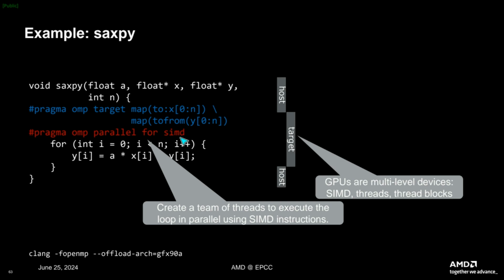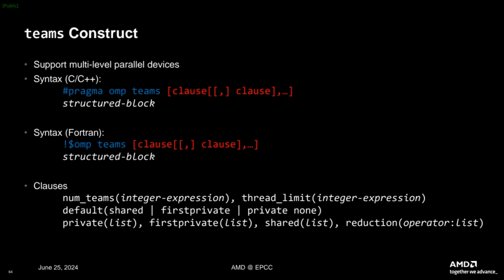Now SIMD is not necessary on the AMD GPUs, and on many of the GPUs they don't implement the SIMD. The parallel for is enough, but there's still a few implementations where SIMD is important to get the full parallelism. Okay, so teams, this is going to engage more GPU compute units.